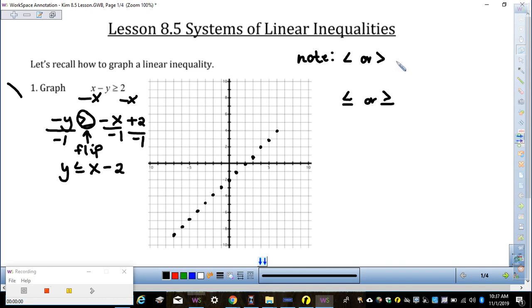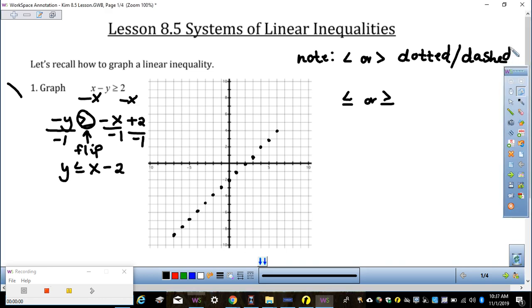When it is strictly less than or strictly greater than, that is when we want to have a dotted or dashed line. Down here, when it's less than or equal to, greater than or equal to, this is when we get to have a solid line. And that's one of those things that you want to be paying attention to and thinking about the whole time.